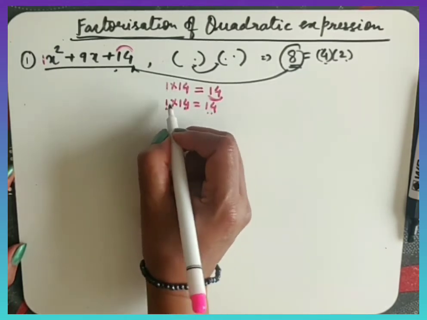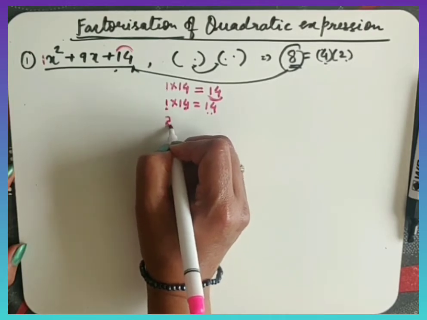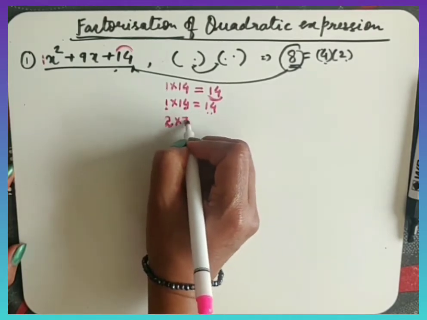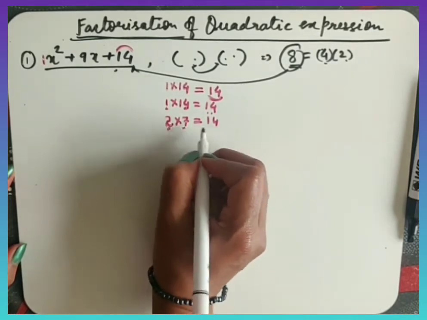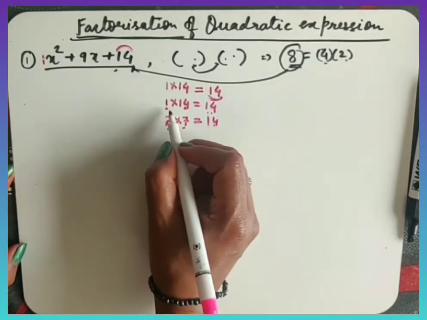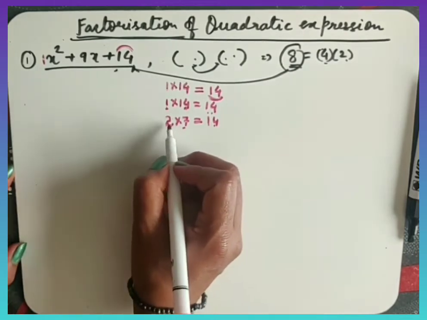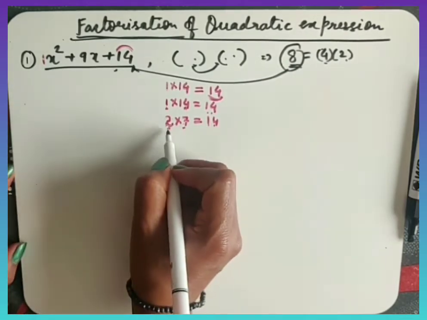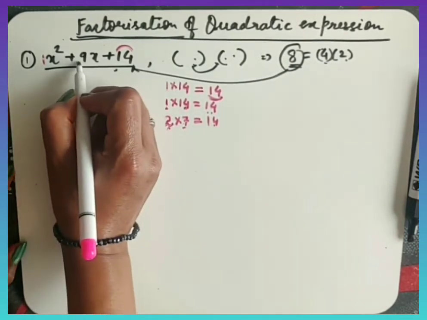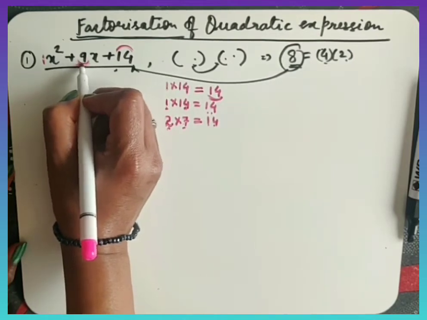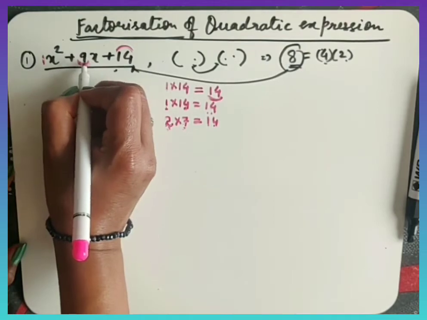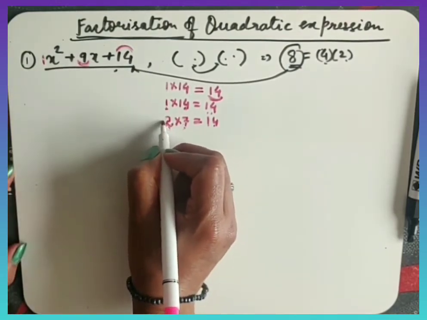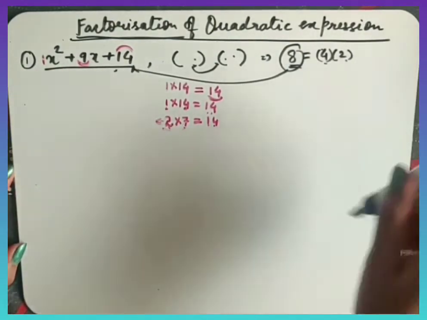Now you started with 1, now take 2. 2 multiplied by 7 will give you 14. So 2 and 7 are factors of 14. Now check which two factors, by adding or subtracting, will give you 9. I can see 2 and 7 will give me 9, so I am going to use 2 and 7.